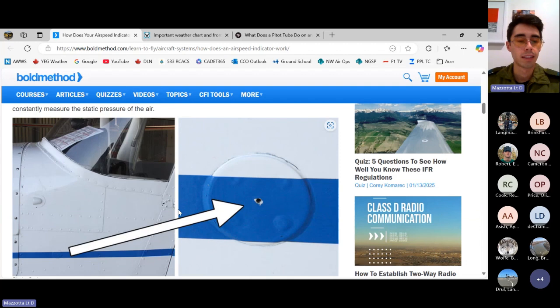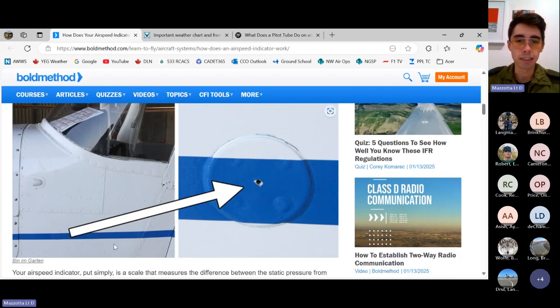Airspeed and the static port on a 172, on the tow planes that the air cadet gliding program uses, they look kind of like this. It's just a little circle with a hole in it, which is what allows it to vent. They can be hard to miss, and in this case here, you can see it's kind of blending in with the paint scheme of the airplane.